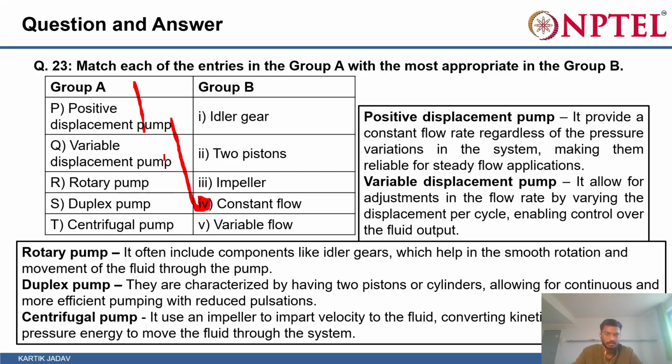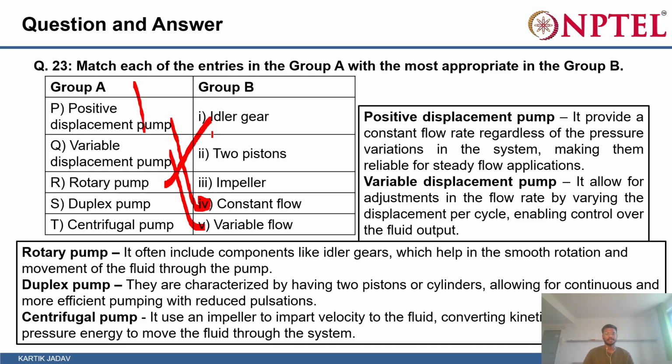Then variable displacement pump allows adjustment of flow rate by varying displacement or cycle, so it is a variable flow. Then rotary pump often includes components like an idler gear, which helps in the smooth rotation and movement of the fluid through the pump.